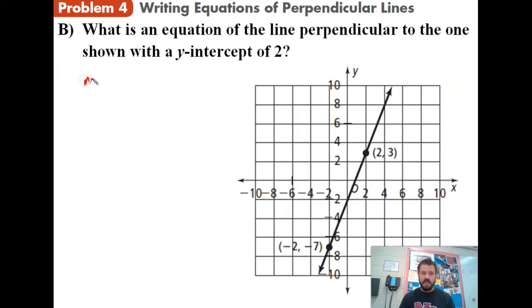So we can say m is equal to y minus y, negative 7 minus 3, over in the same order, x minus x, negative 2 minus 2, which will give us a negative 10 over negative 4, which reduces down to a positive 5/2.